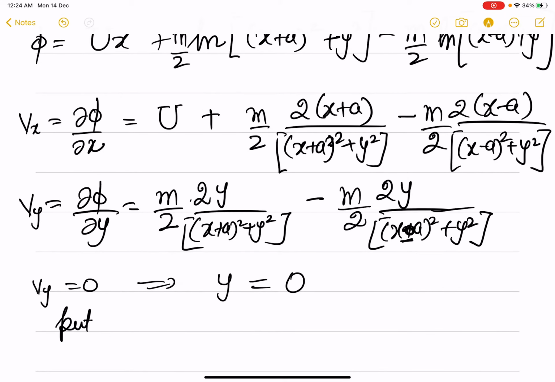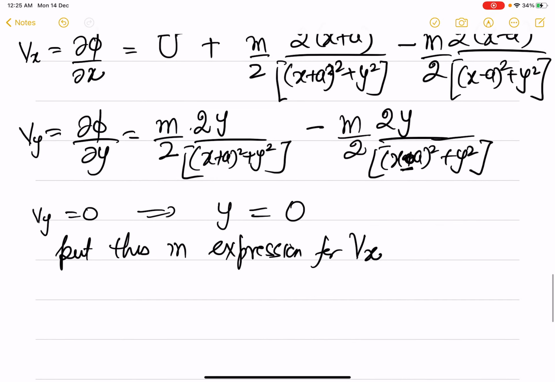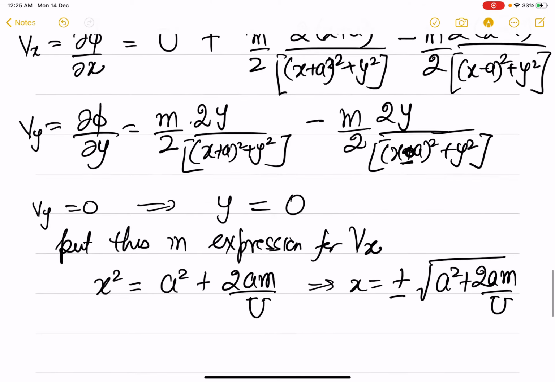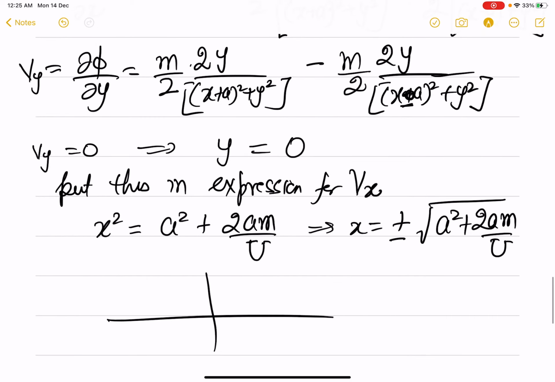Put this in the expression for Vx, and once you do that, you will get x square is equal to a square plus 2am upon u, which will imply x is equal to plus minus square root of a square plus 2am upon u. That means these are two symmetric points.